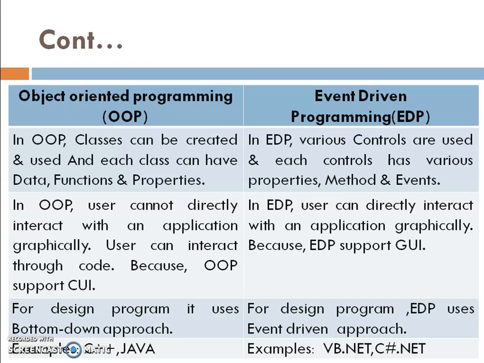In next point of EDP programming language is EDP programming language use event-driven approach. Now last point of OOP programming language is the example of OOP programming language are C++ and Java. And the last point of event-driven programming language is VB.NET and C#.NET.